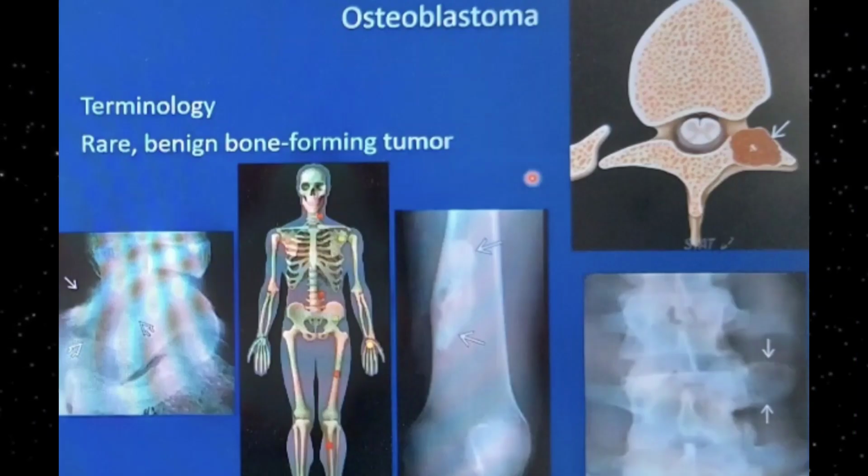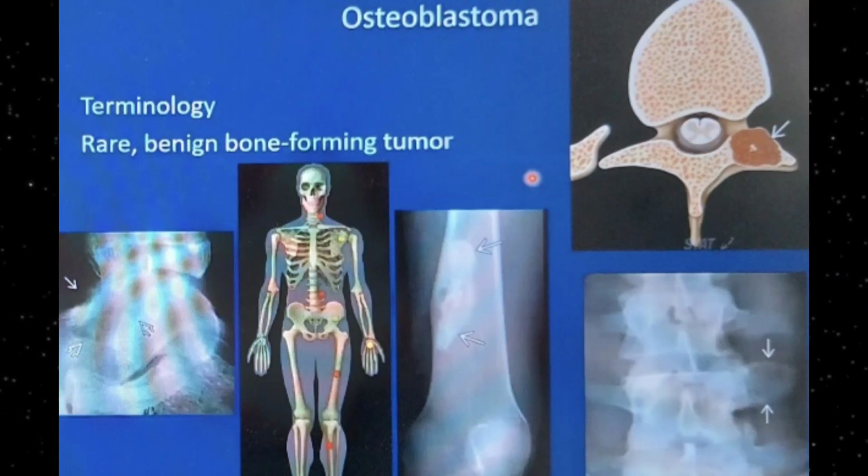Look here, an illustration shows osteoblastoma in the foot, and there is also a scintigraphy image which would always be positive. In the long bone you can also appreciate osteoblastoma that is bigger than osteoid osteoma.